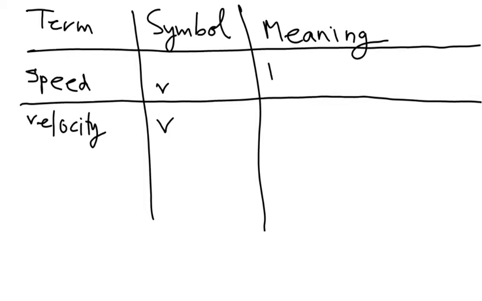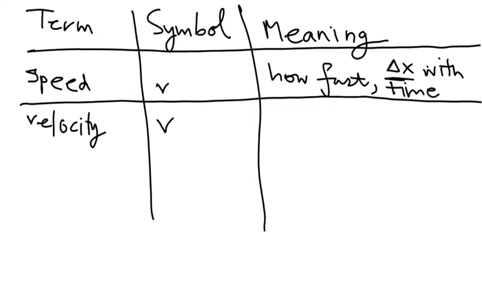Speed is how fast, or how much your position changes with time. So I could say delta x with time, because remember delta means something's changing. So delta x is change in position with time.